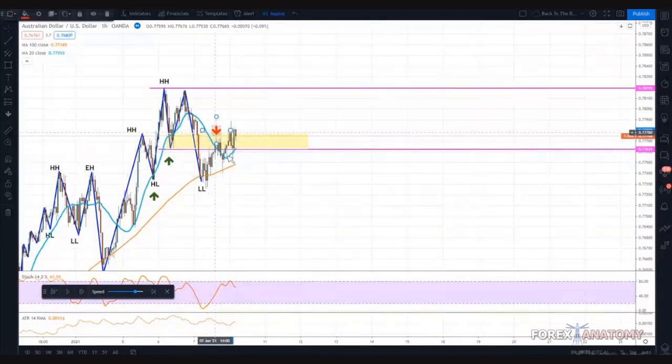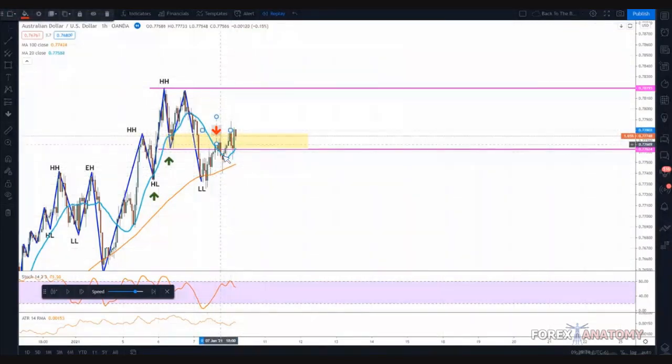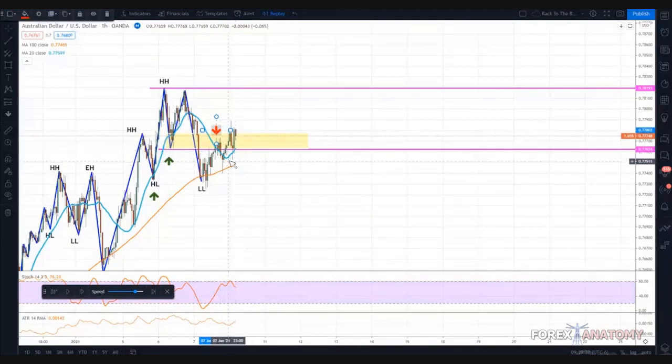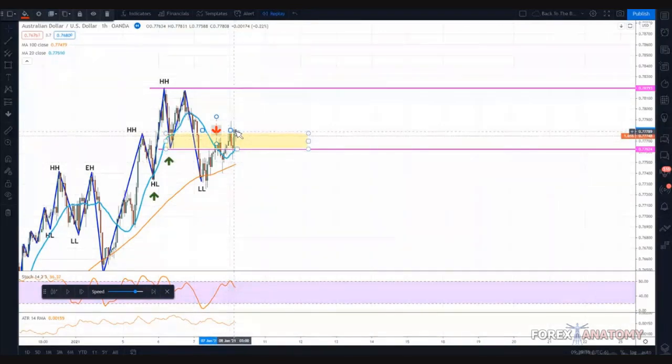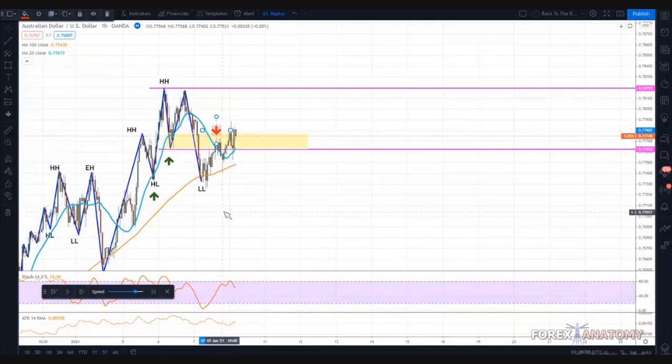Of course you would do that because the 20 SMA is now sloping upwards, and that could indicate that we're seeing a change in momentum. Now, we may be wrong. Price could actually push to the downside, but because we see the 20 SMA sloping upwards, what we're assuming is that momentum could be switching and changing, and it's best just to close out your position. So let's see what happens.